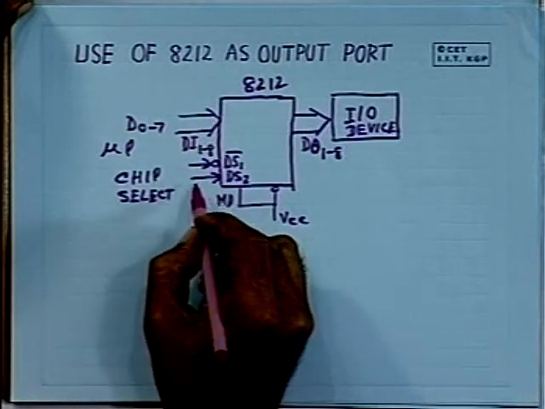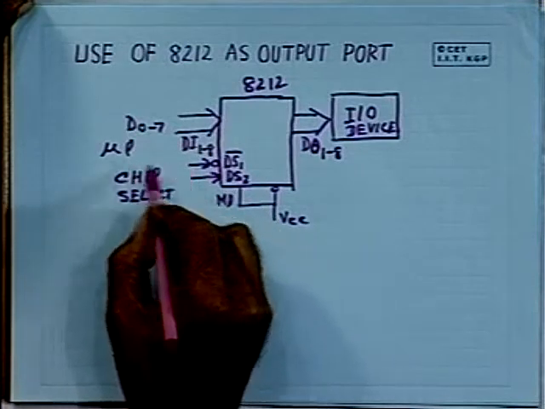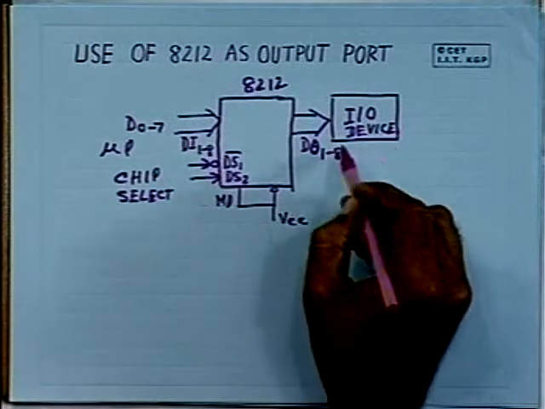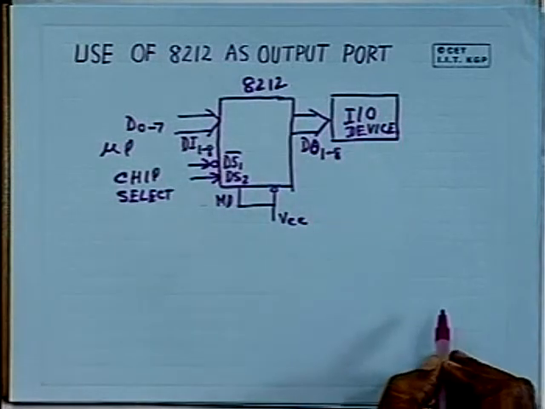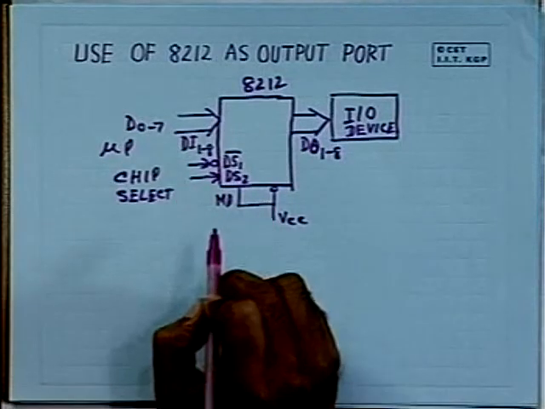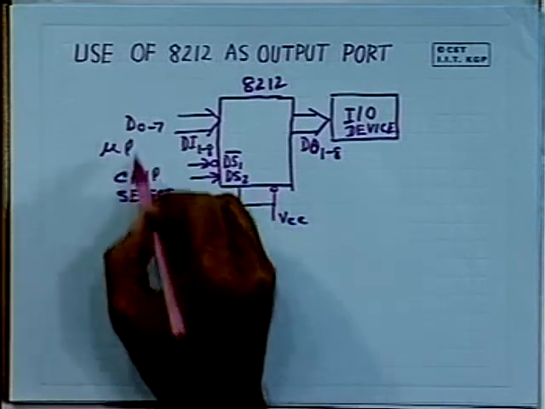Obviously you have to use some decoder circuit to select this chip. Now this side is connected to the IO device. So this is how it will work. It has to be interfaced. It has to be connected to the microprocessor.